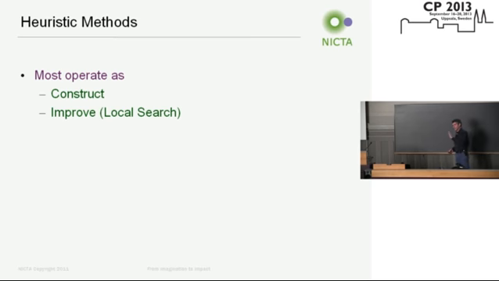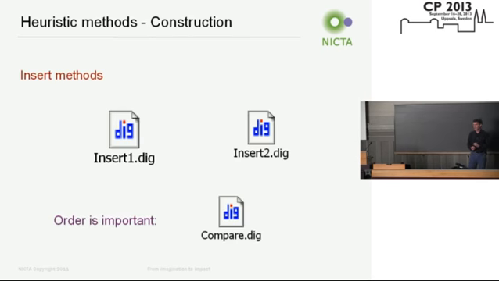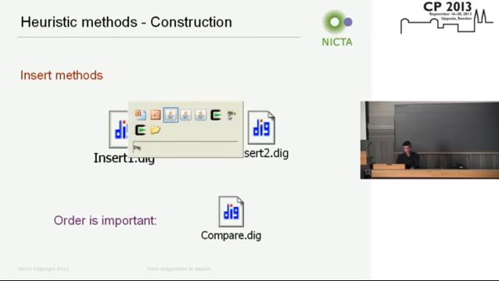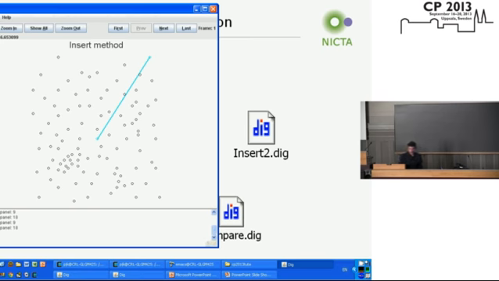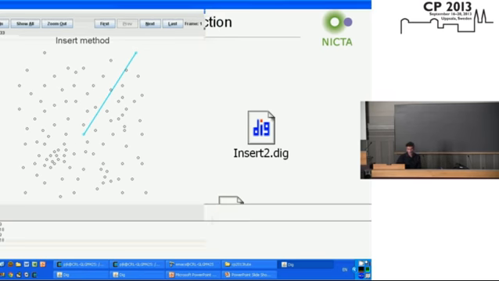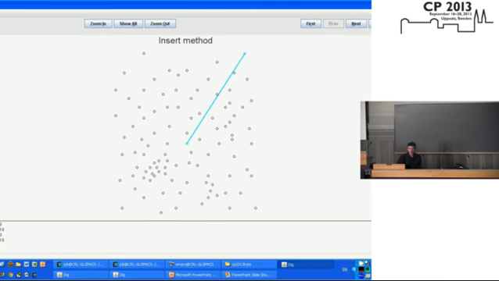Okay, so if we move out of the exact methods into the heuristic methods, most of them operate as a construct and improve. So this is an example of construct and improve using insertion. Here I have all the customers that I want to visit, and I've inserted my first visit in there.